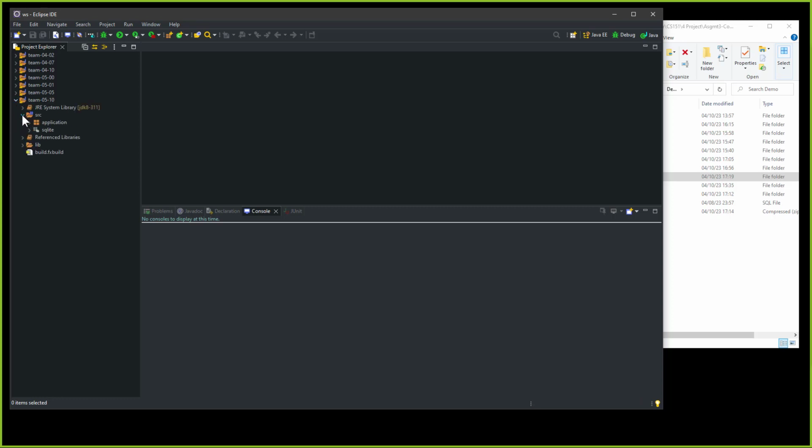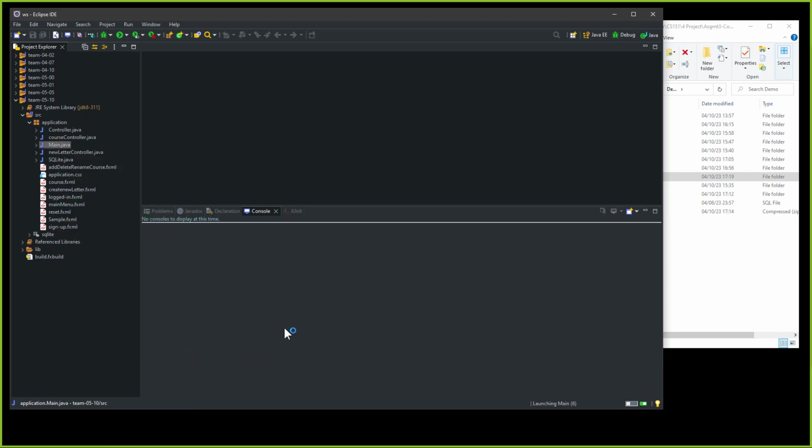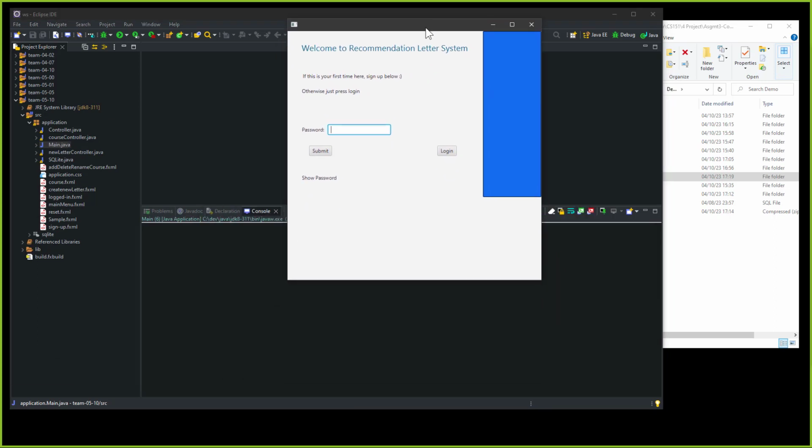So far, so good. We go to main, run it as the Java application. Okay, looks good, beautiful. So we start with the P. Let's see, can it connect to the database or not?